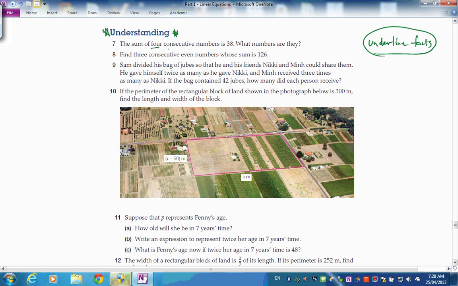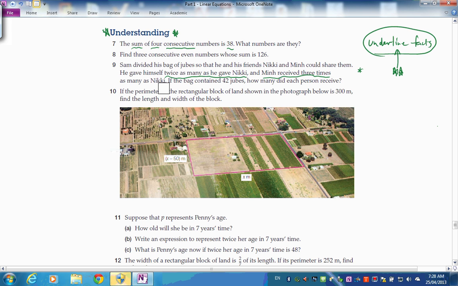You want 4 consecutive numbers. Comes to 38, the sum. Okay. Here, this problem, a bit harder. He gave himself twice as many as he gave Nikki, and Min received 3 times as many as Nikki. So it's very important to unravel the important facts and underline them in the problem, I think.